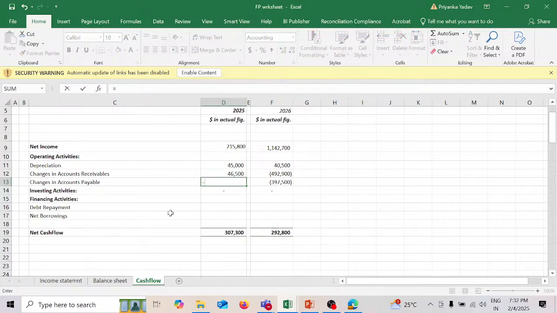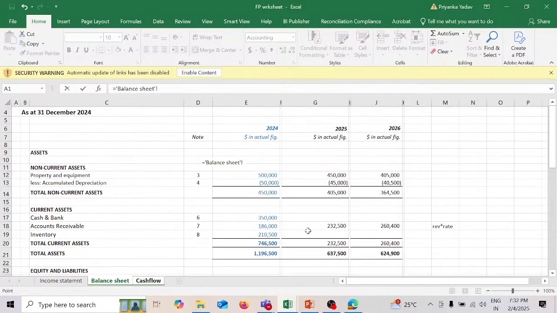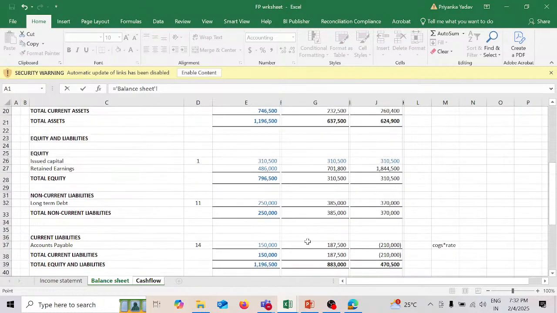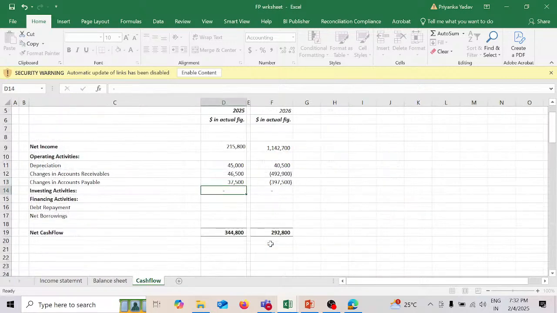Accounts payable over here, again, is also the change in the two figures from prior year to this year. Here we have accounts payable, so the current year minus the prior year.